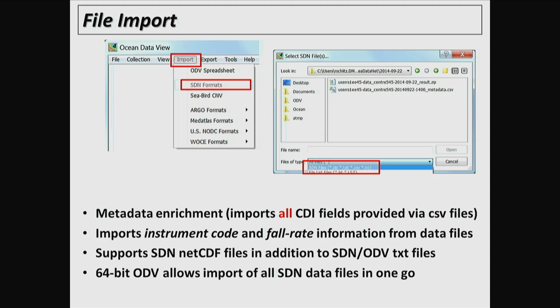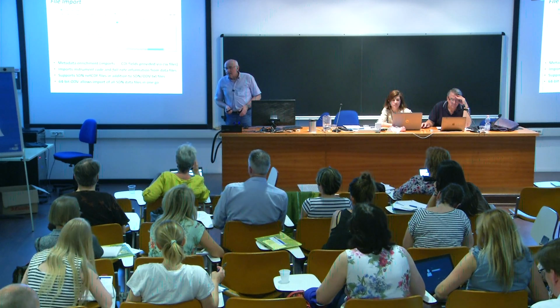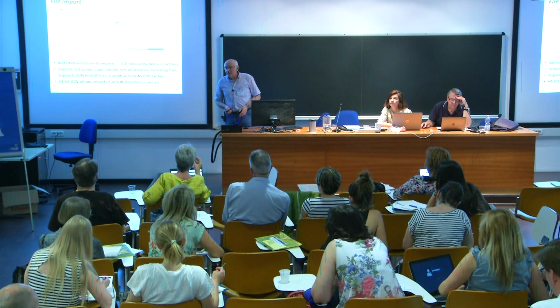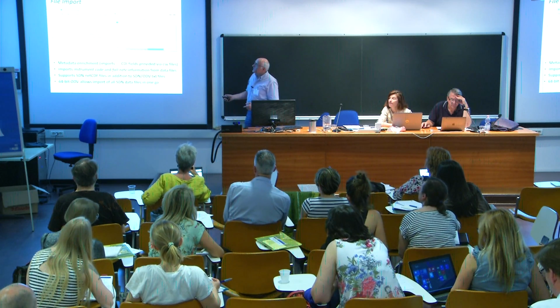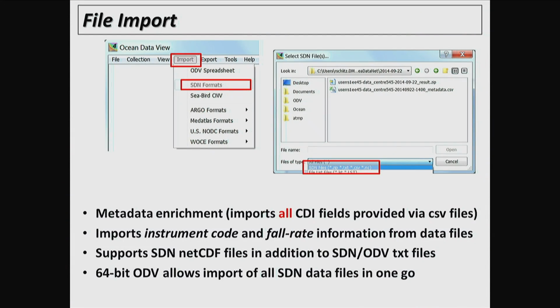May I ask a question: is the format to expect a zip file, or is there... I'll come to that. Okay. So when you do this, a file open dialog appears, and that allows you to choose files in different formats. So you can have zip files.